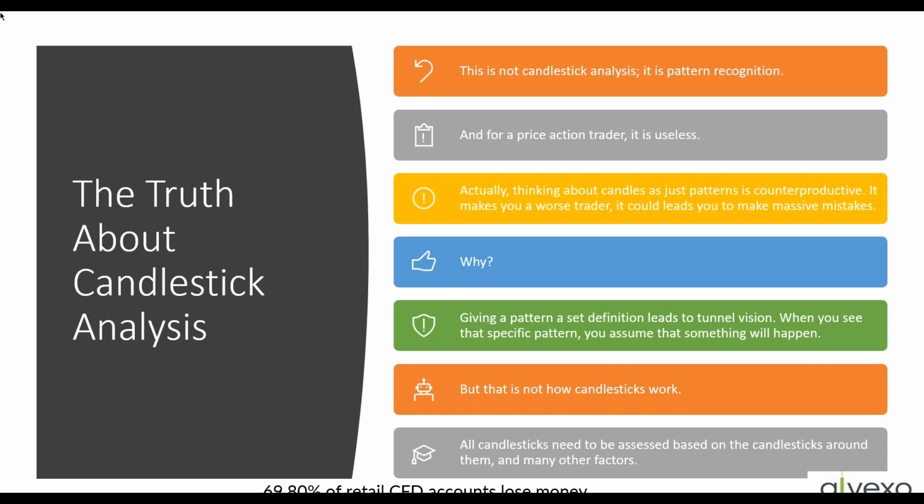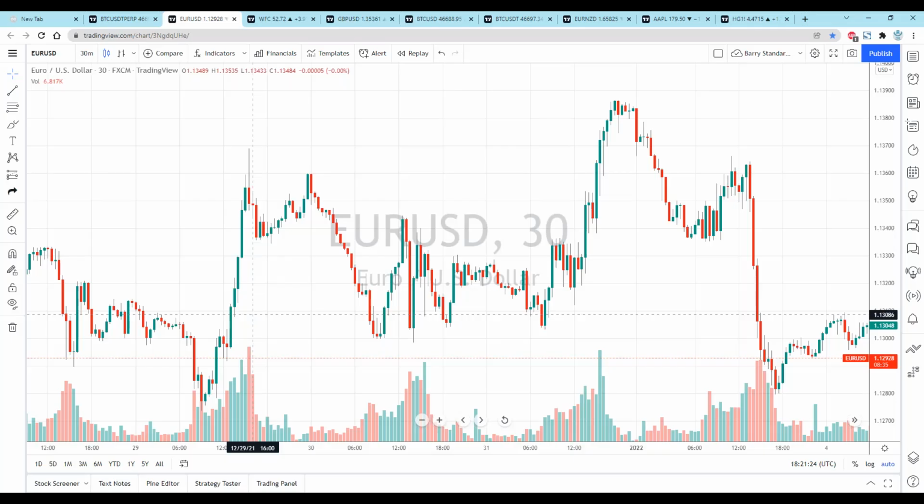So let's go back to a live chart for a minute here. Because this pattern recognition is a set of rules. Now, a set of rules we can teach a computer.